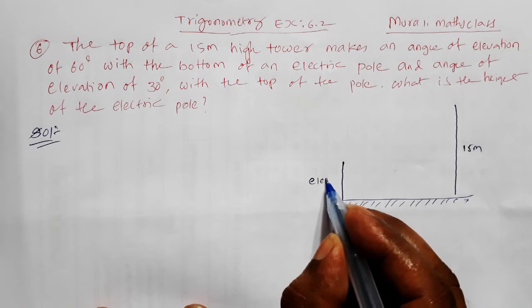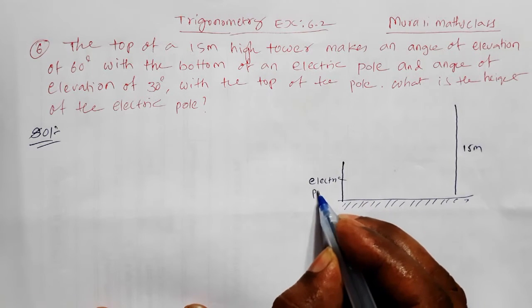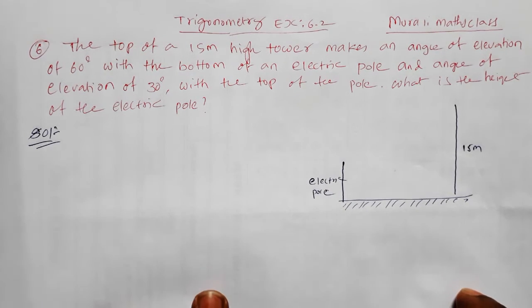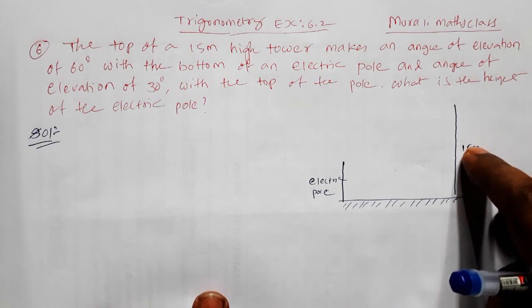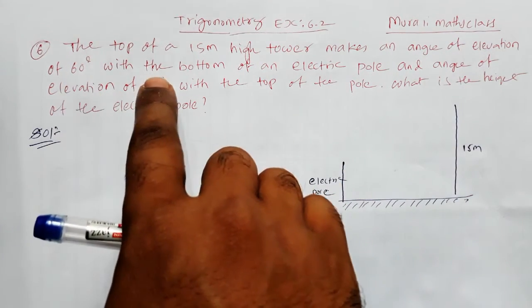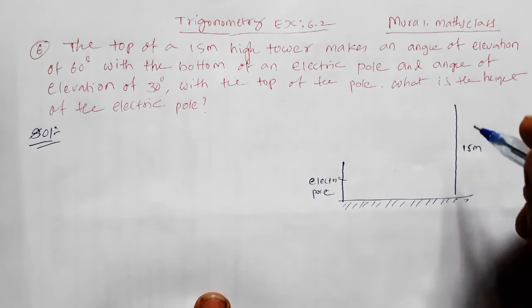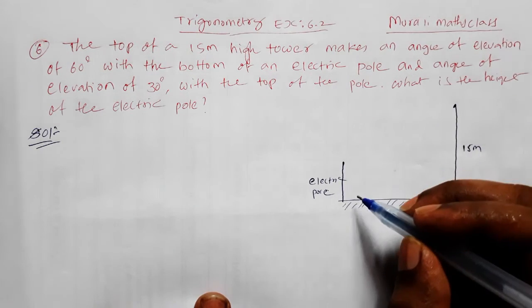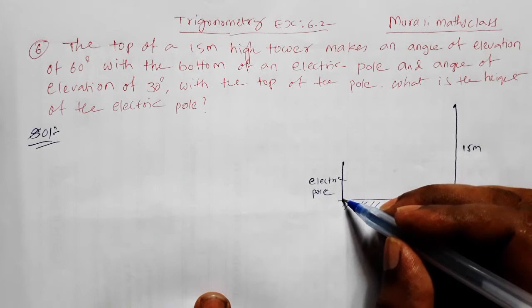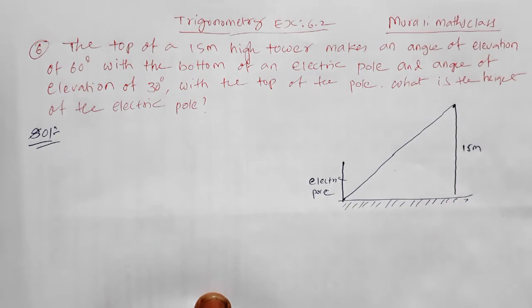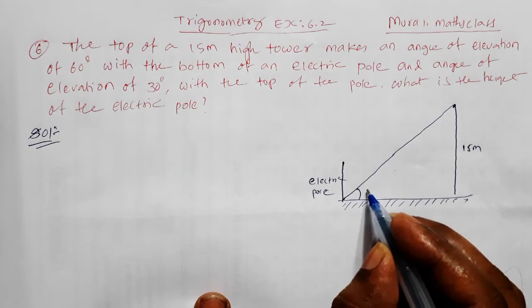This is the electric pole. Top of tower and bottom of electric pole, both you have to join. So this angle is given as 60 degrees.